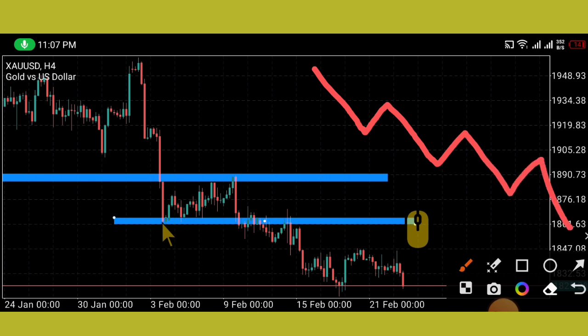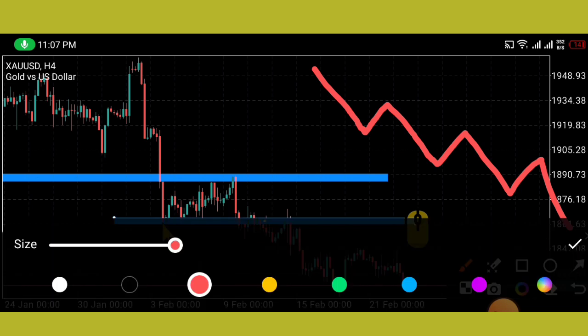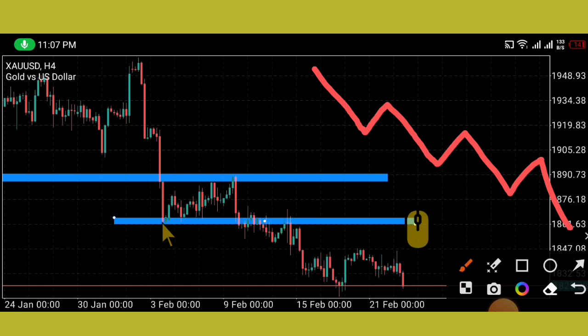Now this is how it's going to look. If you are coming into the market, you want to be able to come in at this point here. This is the best point to enter the market, okay?